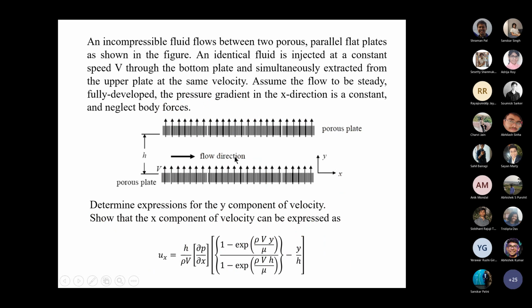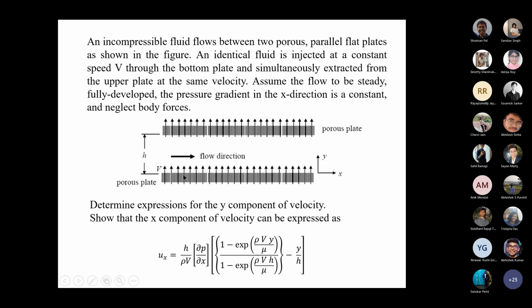I would like to stress the point that even though you do have an upward velocity, that means Vy is not zero at y equals 0, and Vy is not 0 at y equals h, but Vx is 0 everywhere on the plate. That is what the no slip condition is all about.